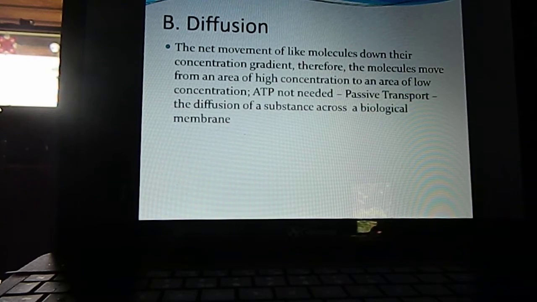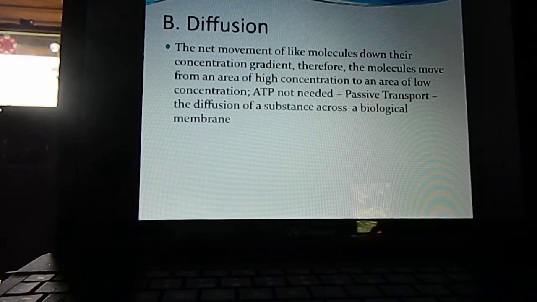So if you have a gaseous concentration gradient, or two fluids that are not separated by a membrane, then the molecules move from an area of high concentration to an area of low concentration until they're equally distributed, and this is called diffusion. ATP is not needed, energy is not needed for this to happen.